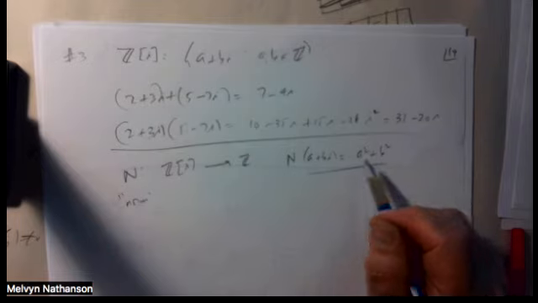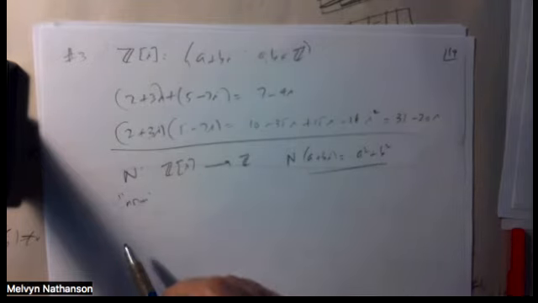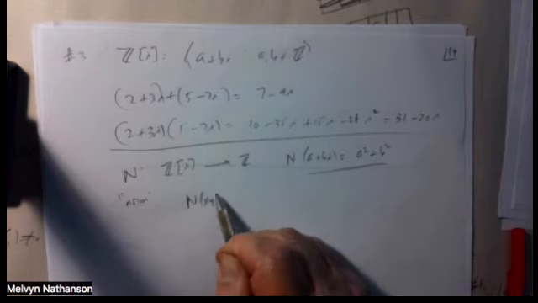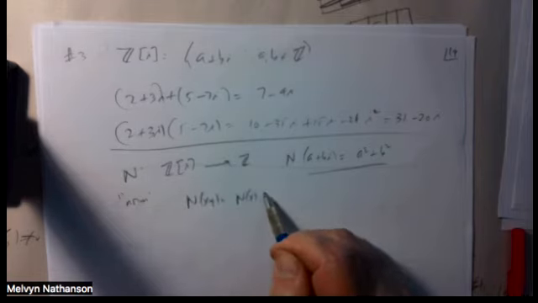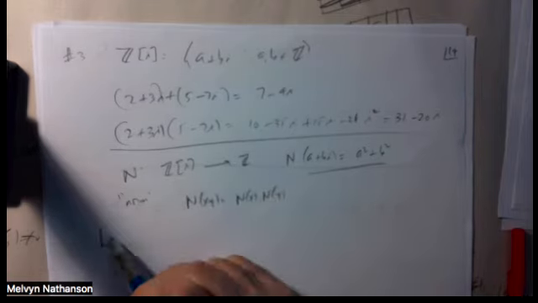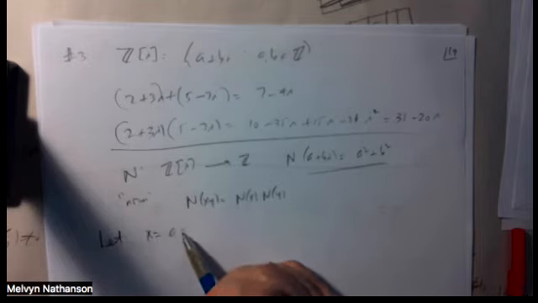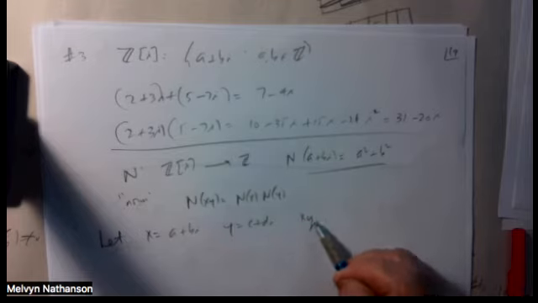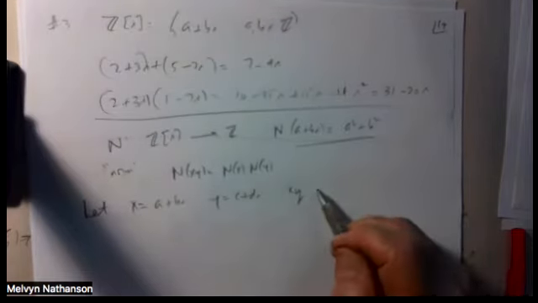And we want to prove that this is something like a homomorphism. We want to prove the norm of two numbers is the product of the norms. So suppose we let x equal a plus bi and y equal c plus di. If you multiply them, you're multiplying complex numbers.